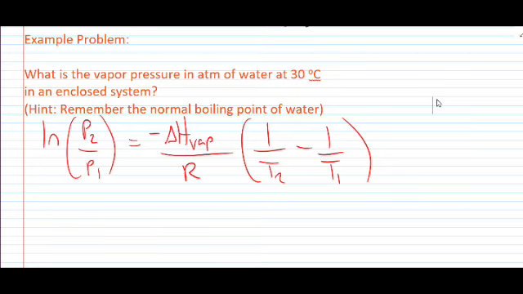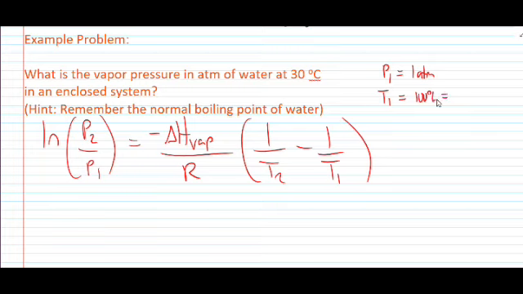Okay, finally, let's work through this example problem where we're calculating the vapor pressure in atmospheres of water at 30 degrees Celsius. The hint: remember the normal boiling point of water. We'll say that pressure 1 is 1 atmosphere, as defined by the normal boiling point for a substance, and that for water, temperature 1 is 100 degrees Celsius.